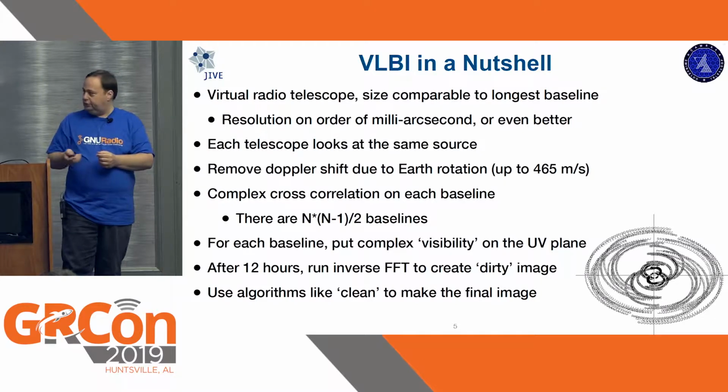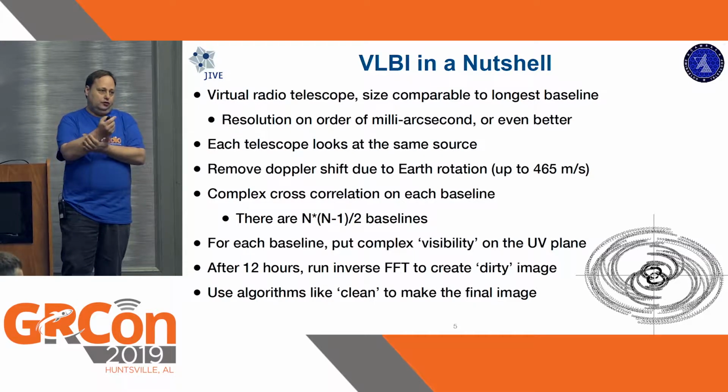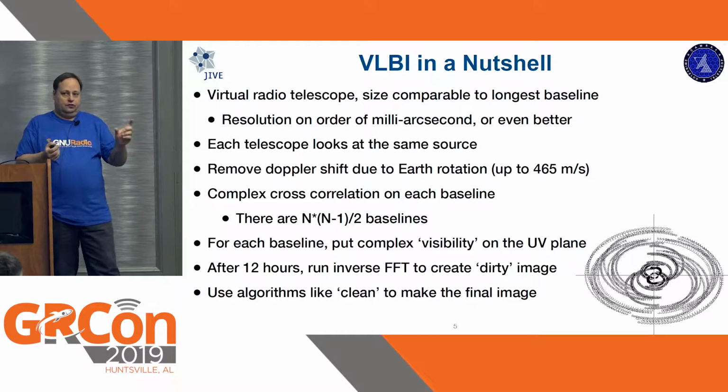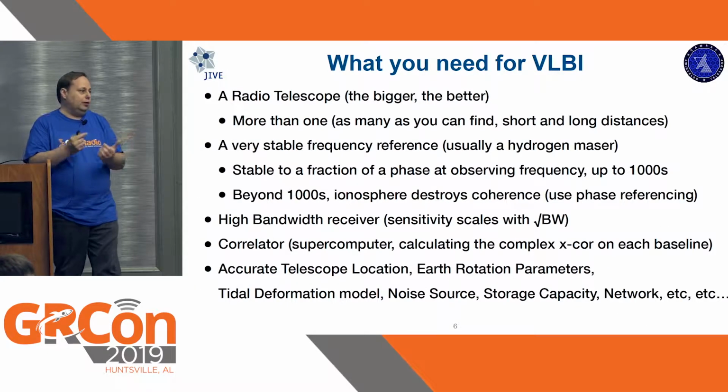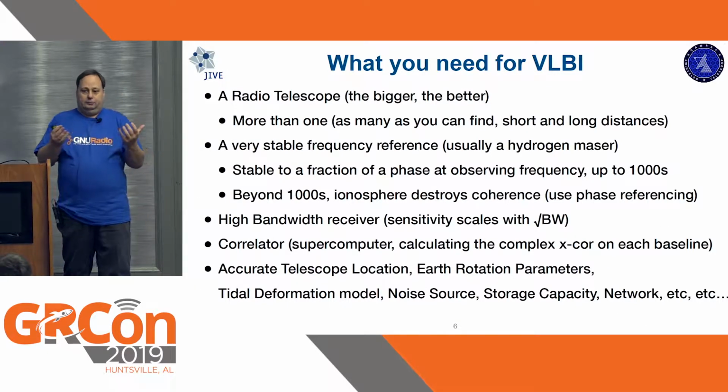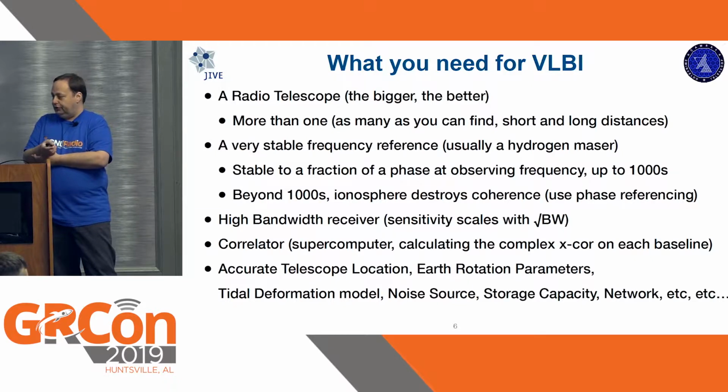Except it's a very poor image because most of this UV plane is empty because you didn't have a telescope at that particular distance. So you have to guess what the data would have been like. And for that reason, there are very complicated algorithms to then make a very clean and nice image. So what you need is, first of all, a radio telescope, and not just one, you need multiple, because otherwise you can't do interferometry.